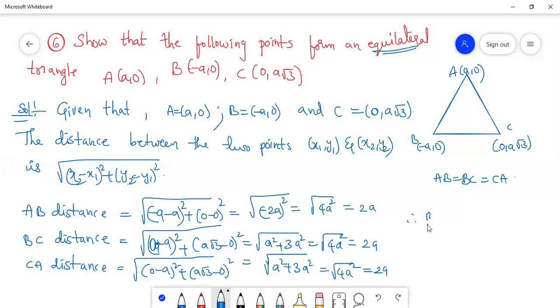Therefore, all sides are equal. AB equals BC equals CA equals 2a. Therefore, ABC forms an equilateral triangle.